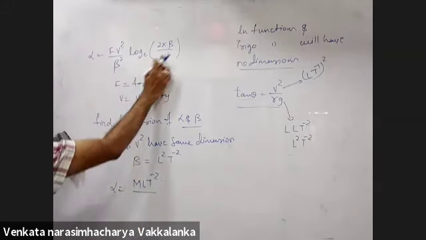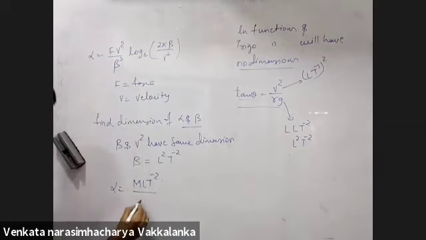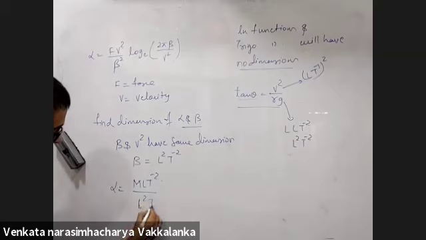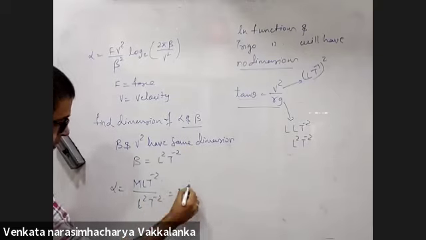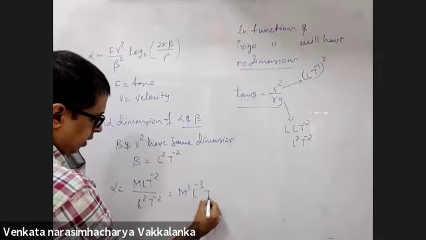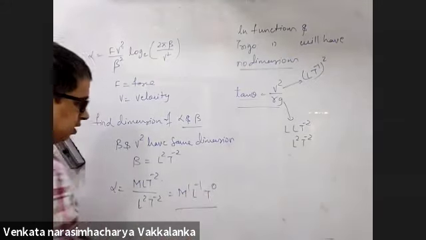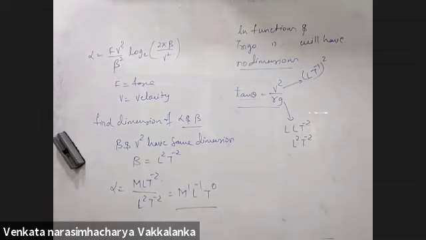V square and beta have the same dimensions. So one will get cancelled out and left with 1 beta, L square t to the power minus 2. This will be m to the power 1, L to the power minus 3, t to the power 0. Minus 1, L to the power minus 1, minus 1, t to the power 0.